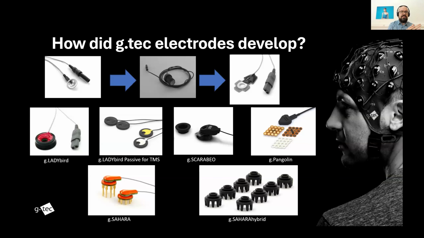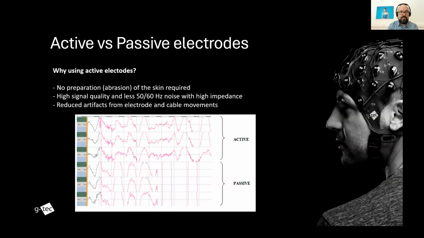And what is actually the difference between the active and the passive electrode? So you can see a bit here what kind of signal you will be able to see. The biggest difference is that you have a preamplifier, which is activating the electrodes and allowing you to have a higher quality of signal without needing to have such low impedance.